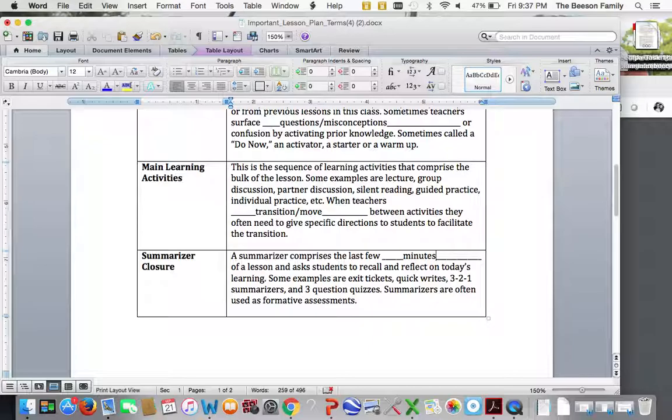So it might be the last few sentences a teacher says. It can be part of an exit ticket, but it's just that moment where I kind of wrap it all up. I provide closure. I remind them this was the purpose of the lesson, and then they kind of neatly tie it with a bow. Okay, this is why we did this.